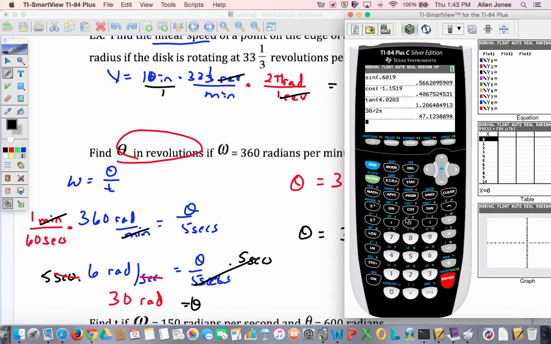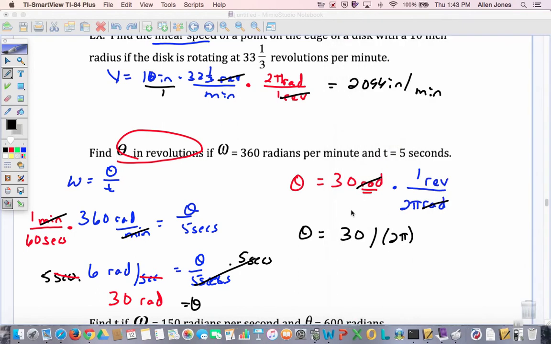On the flip side, if I take 30 and divide it by 2 pi, I get 4.77, which is my correct answer. So understand your order of operations here with your calculator. Your calculator is extremely literal.